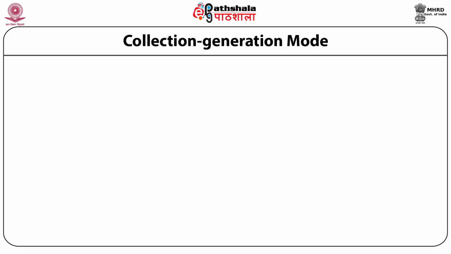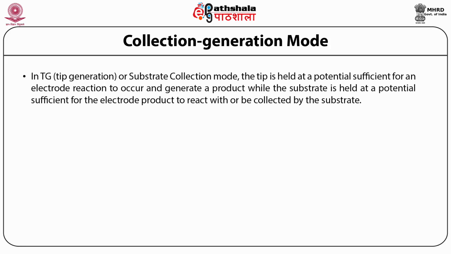Collection-generation mode. Another mode of operation that is employed is tip generation or substrate collection. In this mode, the tip is held at a potential sufficient for an electrode reaction to occur and generate a product, while the substrate is held at a potential sufficient for the electrode product to react with or be collected by the substrate.